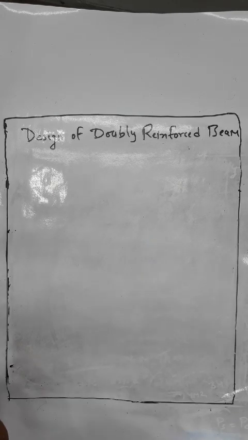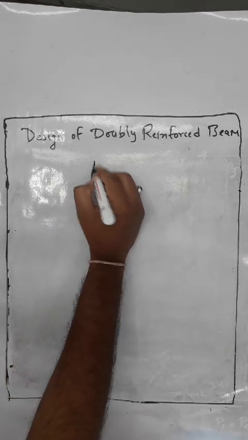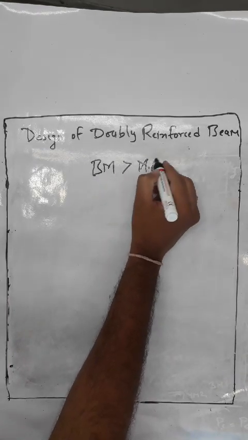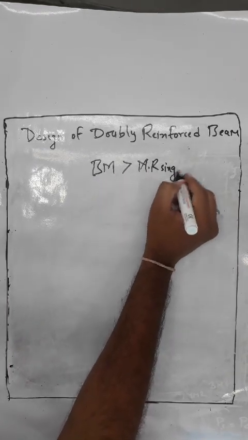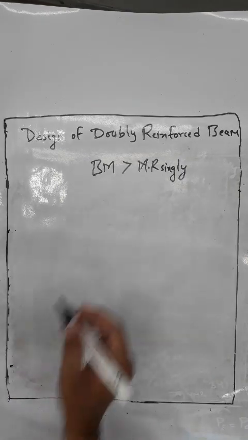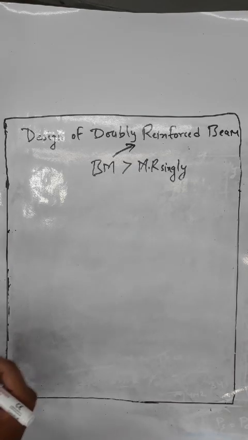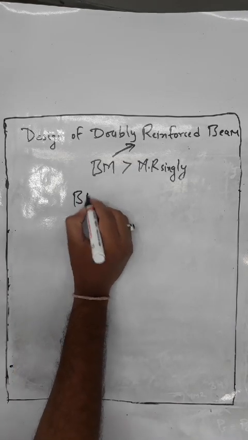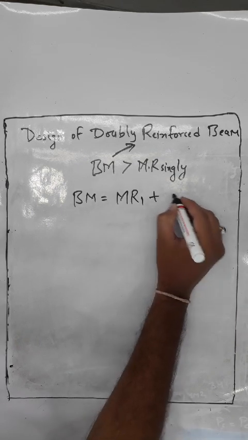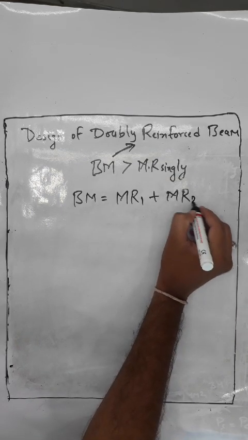In our previous lecture, we learned that when the bending moment is greater than the moment of resistance of a singly reinforced beam, in that case we have to design the doubly reinforced beam. That means bending moment is equal to MR1 plus MR2.